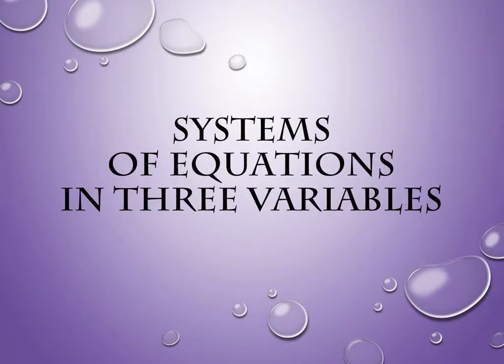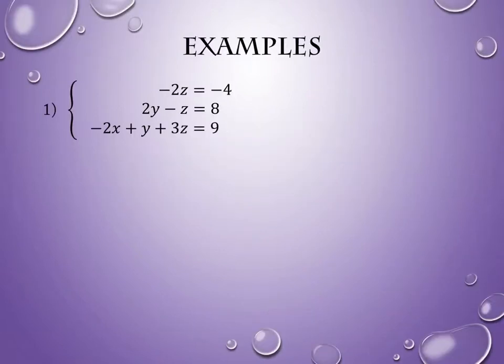So we are going to get an X, a Y, and a Z coordinate. The first one that we're going to do is sort of partially already solved, just introducing us to the idea of what's happening here. On this one, the first equation has 1 variable, the second equation has 2 variables, and the third equation has 3 variables.